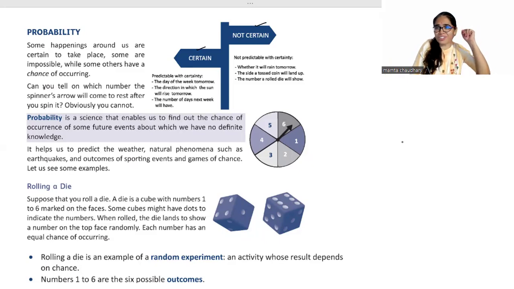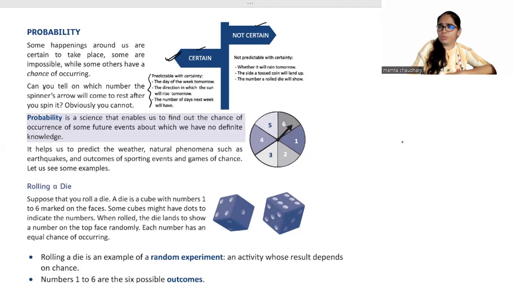Can you tell the direction? Yeah, obviously east. The number of days next week will have. Yeah, I can tell, in next week there will be 7 days. It means these all are certain events. Getting my point?